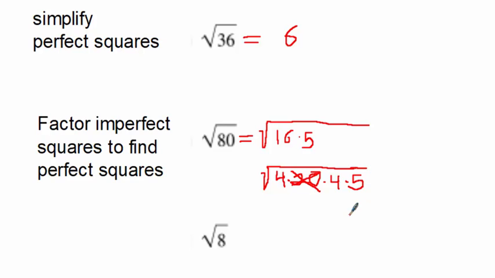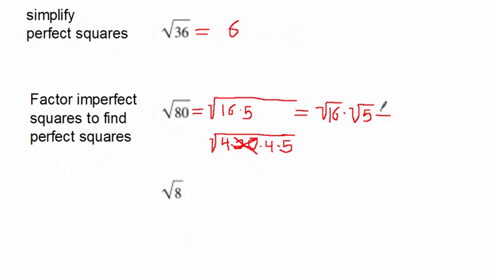Both of these are perfectly okay. The goal is to get perfect squares underneath the square root sign, because each perfect square I get to do. So I can think about this as separating the square roots out like this and doing anything I can do, so that would end up being 4 times the square root of 5.